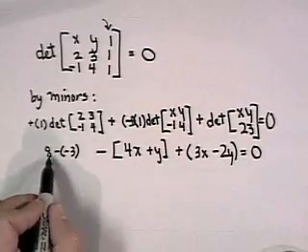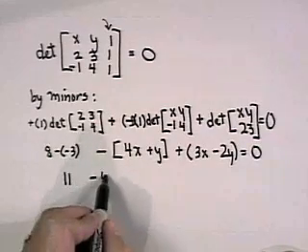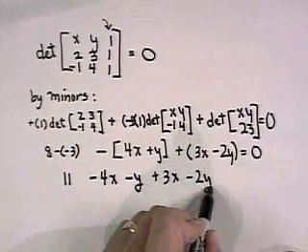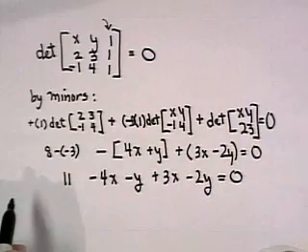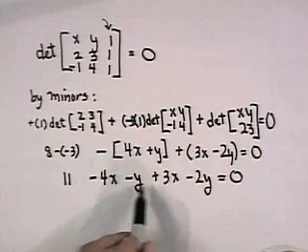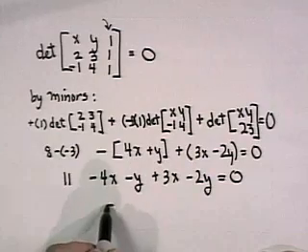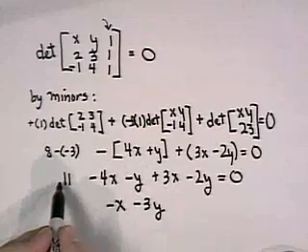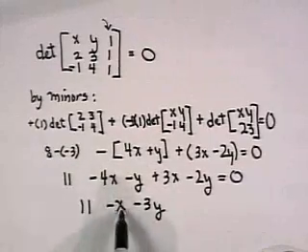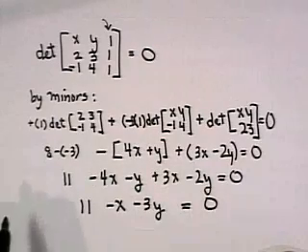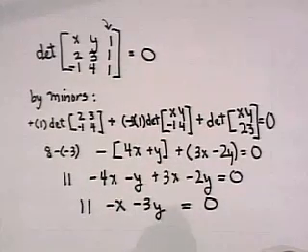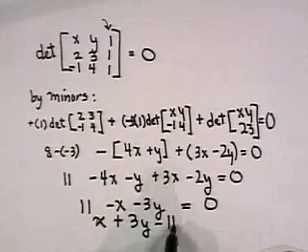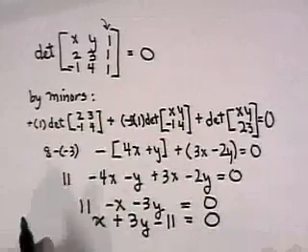Well, we're almost there. 8 minus negative 3 is 11, minus 4x minus y plus 3x minus 2y equals 0. Let's combine some terms. We have negative 4x plus 3x, that's negative x. We have negative y minus 2y is negative 3y, and we still have this 11 out here. So we get 11 minus x minus 3y equals 0. If you'd like to multiply through by negative 1 and rearrange the 11, you get x plus 3y minus 11 equals 0, which is the general form of an equation.